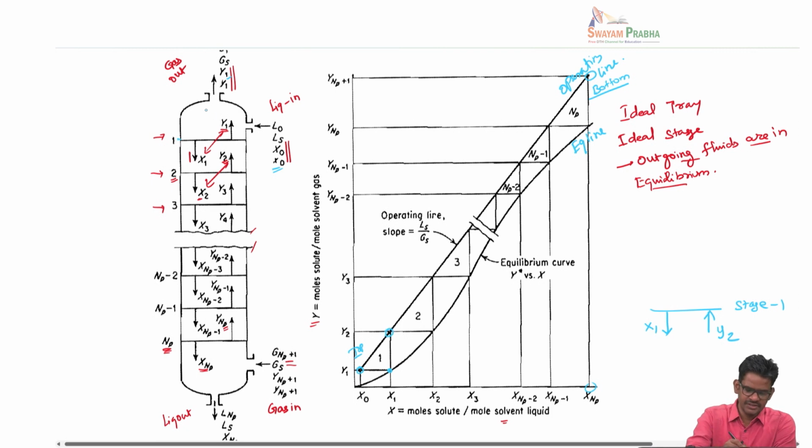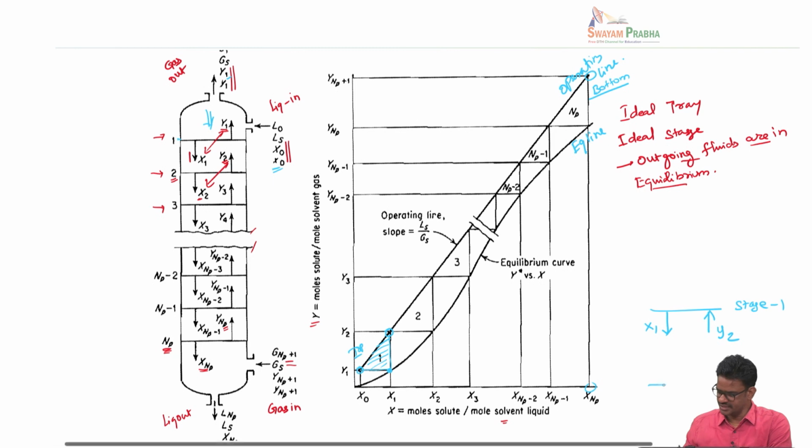The fluids coming into the first stage and leaving the first stage are basically this entire step. And the two outgoing streams x1, y1 are at equilibrium. So this particular step is the first theoretical stage, or ideal stage.